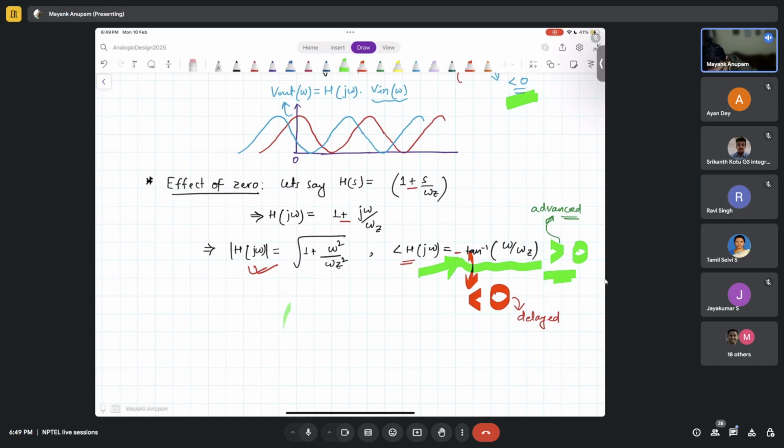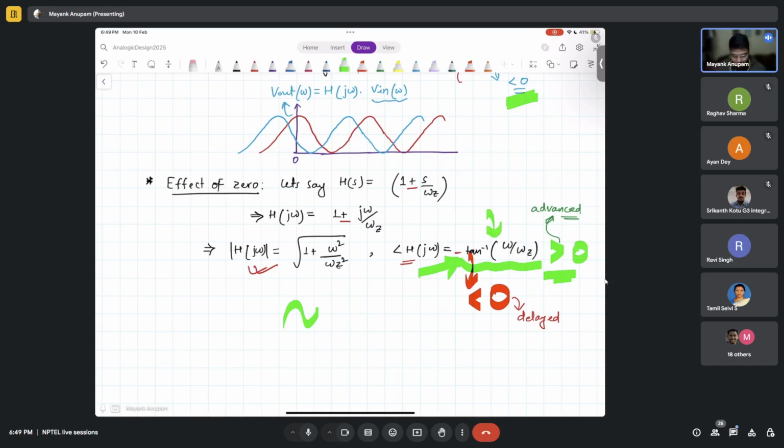Whatever input you give, the output will be an advanced version, meaning the output comes out even before the input was applied, isn't it?